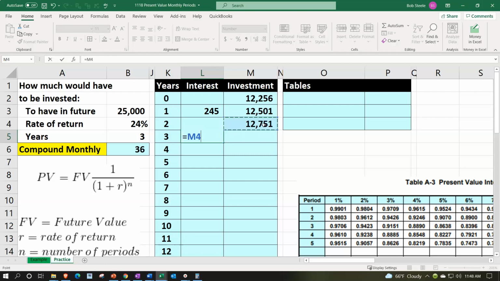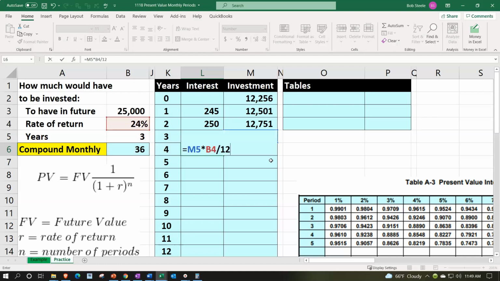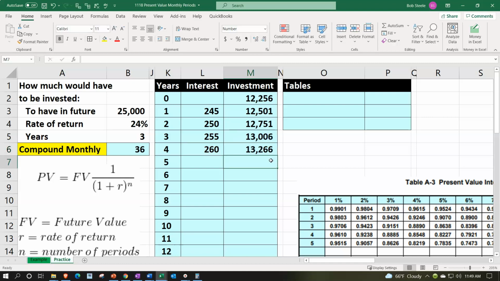This equals the 12,751 times the 24%, but then divided by 12. This equals the amount above it plus the amount to the left. Now we're at the 13,006, and this is going to be equal to 13,006 times the 24% divided by 12. This will equal the 13,006 plus the 260, and so on and so forth.